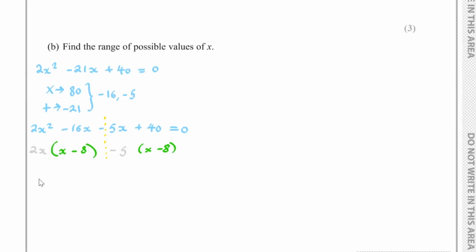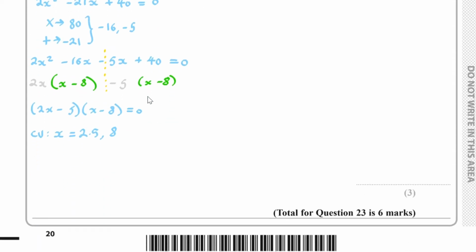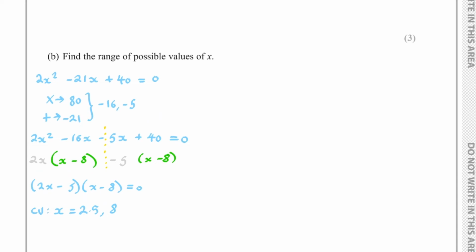So if I group the terms together, we've got here 2x minus 5 lots of x minus 8 equaling 0, and therefore for your critical values we've got x equaling 2.5 and 8.